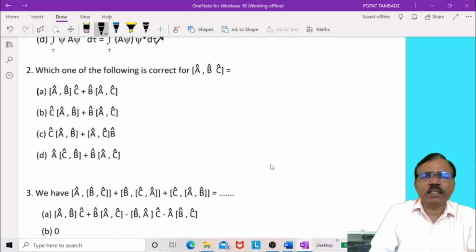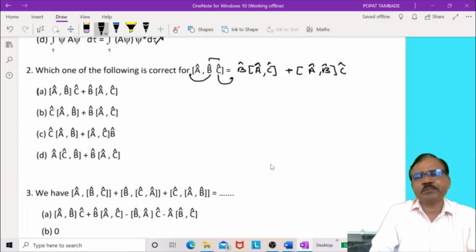Now next one: which one of the following is correct for the commutator bracket A comma BC? So we have three operators. Now in this case, we write the product BC. We take B out, then multiply by the commutator bracket A comma C, then plus, we take C out on this side, commutator bracket A comma B, then C. So here it is taken out on this side, plus this one is taken on this side.